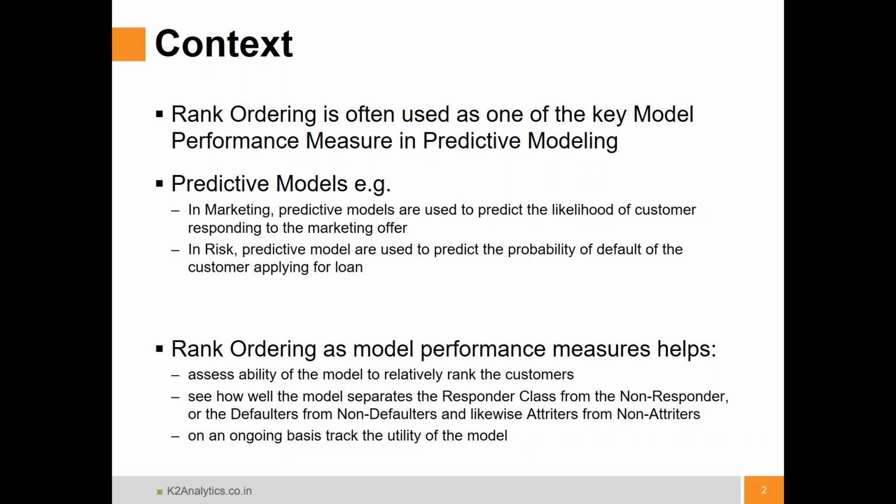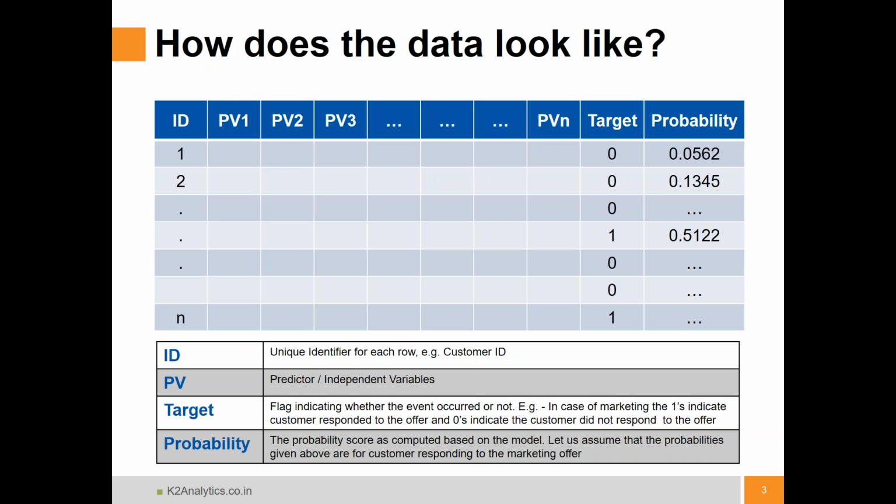How do I ensure the model is doing a good job? To ensure that the model is doing a good job, I am now going to do a rank order test. So the entire calculation goes like this. This is how your data looks. You have got predictor variables, you have got the target. Using the predictor variables and target, you build the model. Certain predictor variables came out significant.